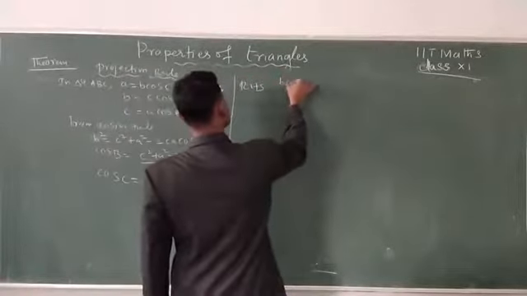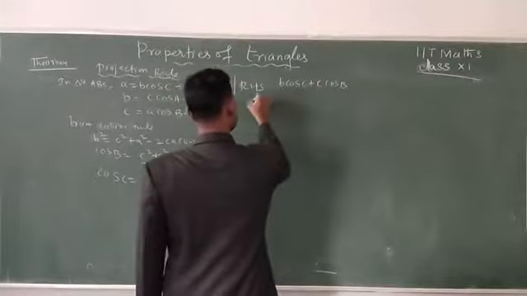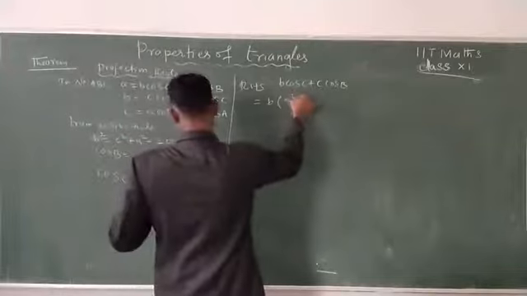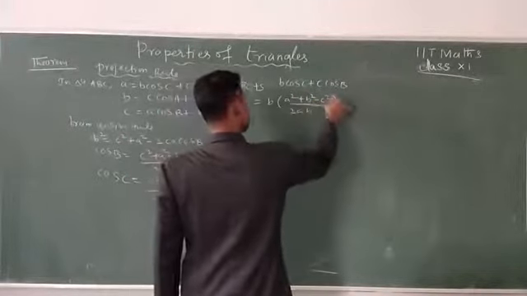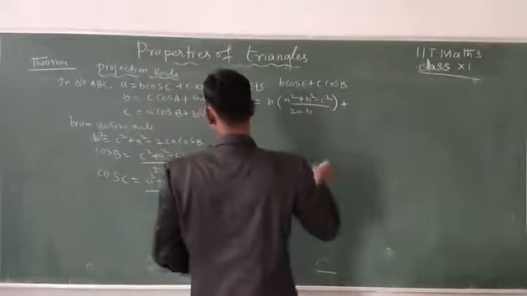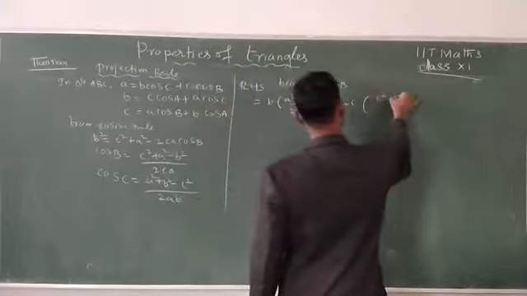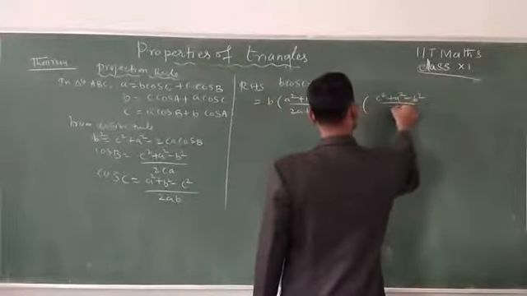Now these two you have to take here from RHS, b cos C plus c cos B. Here b into cos C means a square plus b square minus c square by 2ab, plus c into cos B, means c square plus a square minus b square by 2ca.